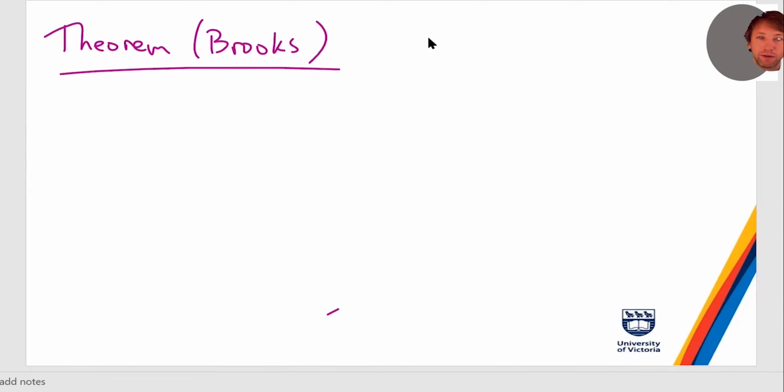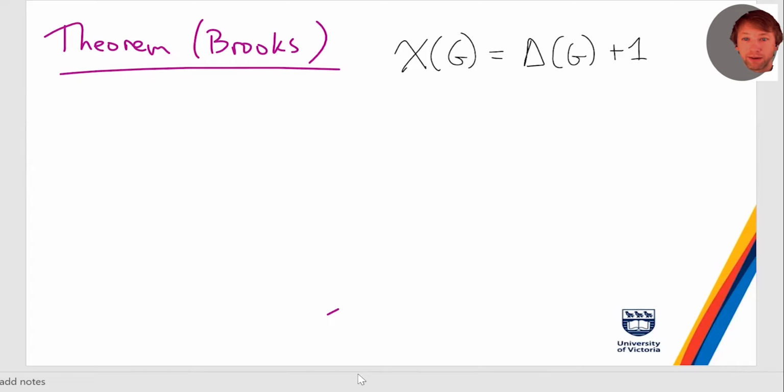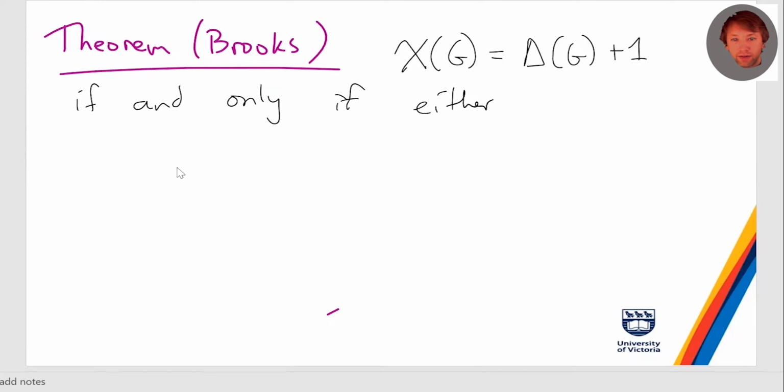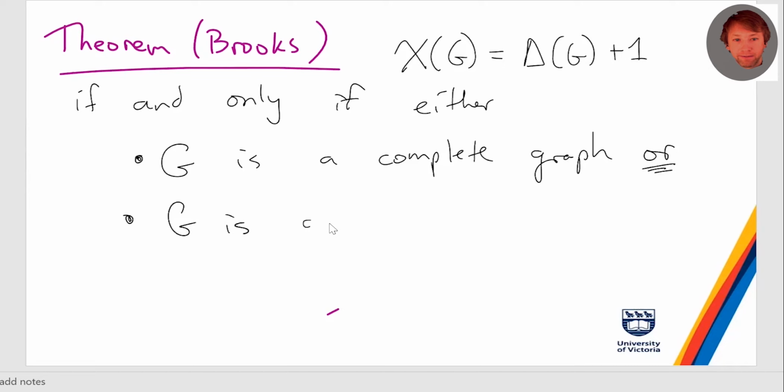Remember we showed that every graph has chromatic number at most delta plus 1. What Brooks proved is when this is equality: the only graphs that have chromatic number delta plus 1 are, if and only if, either G is a complete graph or G is an odd cycle.